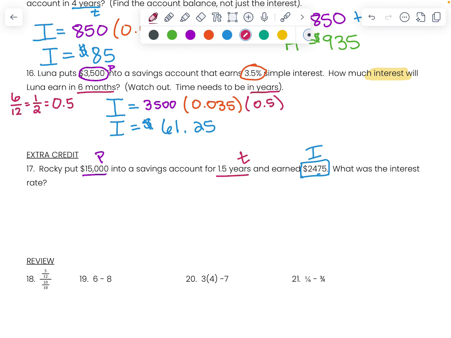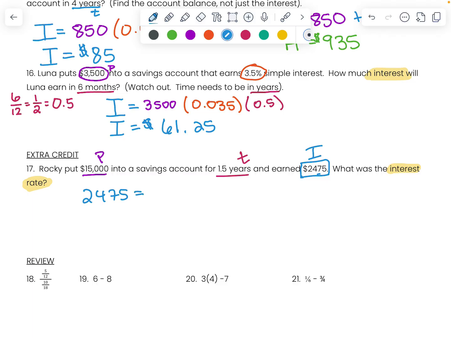This time it says, what is the interest rate? We're looking for the interest rate, so we're actually looking for the R value this time around.